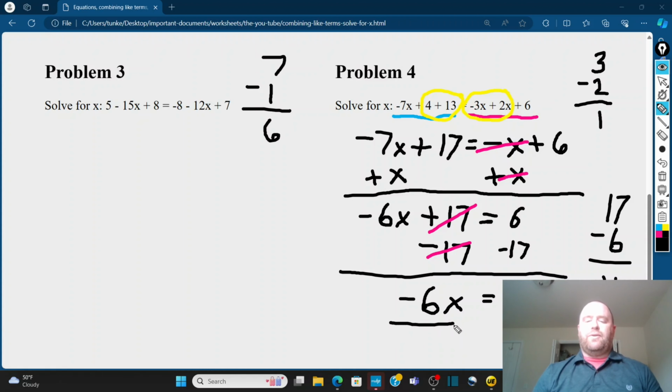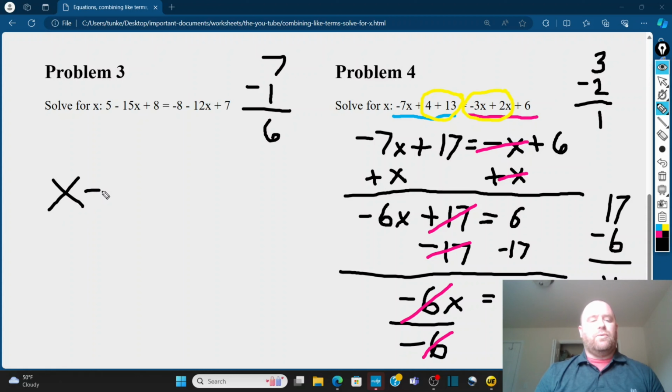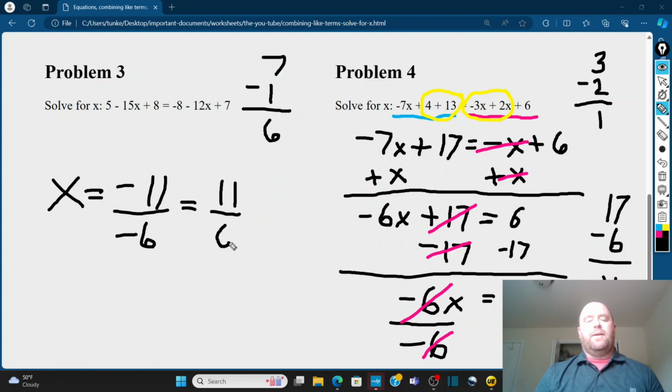Now we want to divide both sides by negative 6. And these cancel. So we've got x equals negative 11 divided by negative 6. A negative divided by a negative is a positive, so this becomes 11 divided by 6.